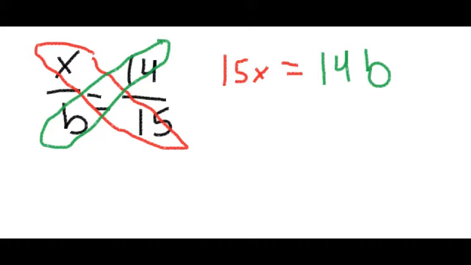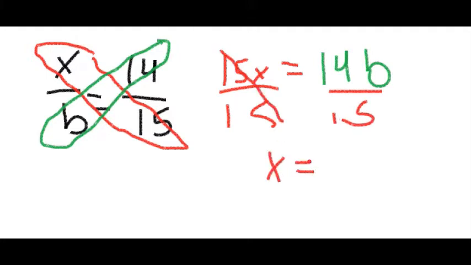I wouldn't want you to do anything besides that. I mean, you could get x by itself, which you would have to divide both sides by 15. And the answer will be x equals 14b over 15. But we really haven't done much of that, so I won't let that go against you.